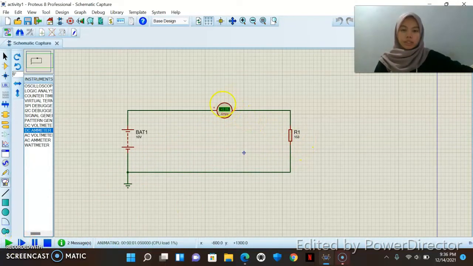As we can see here, the current before the load is 0.06.